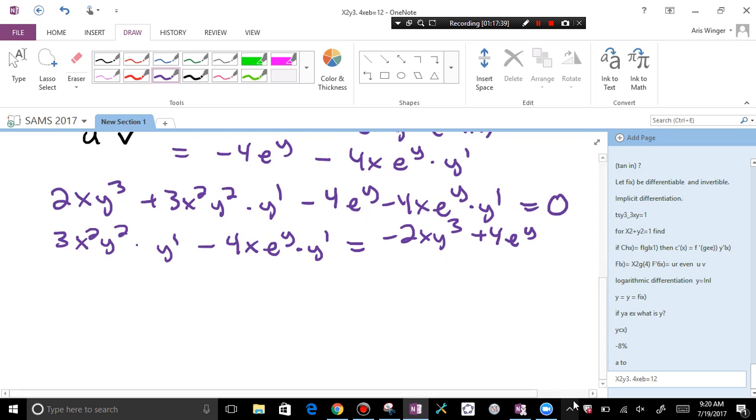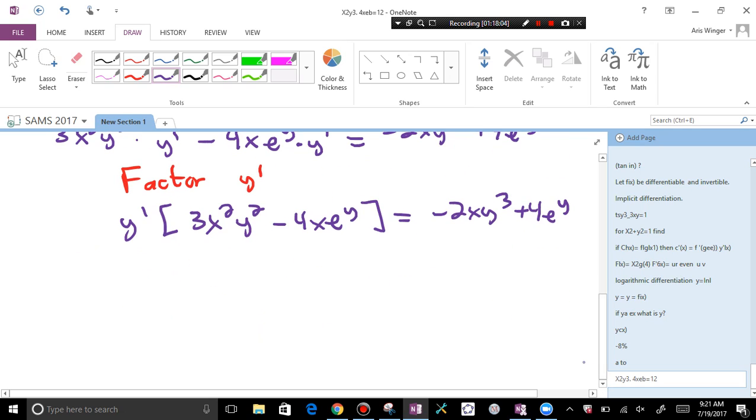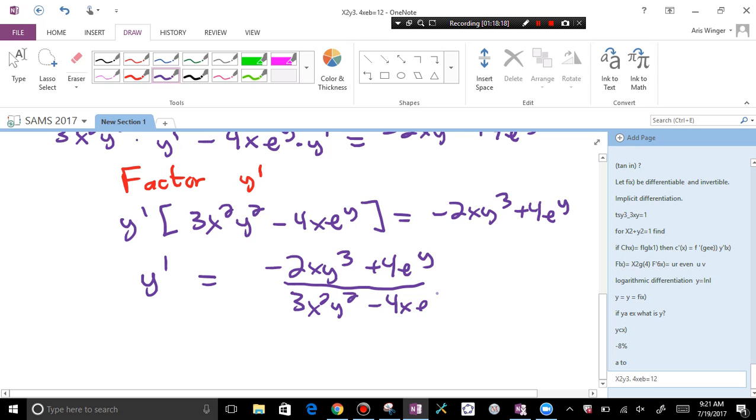And then we'll factor out the y prime and divide. So y prime times 3x squared y squared minus 4x e to the y equals minus 2xy cubed plus 4e to the y. Y prime equals minus 2xy cubed plus 4e to the y, all over 3x squared y squared minus 4x e to the y.